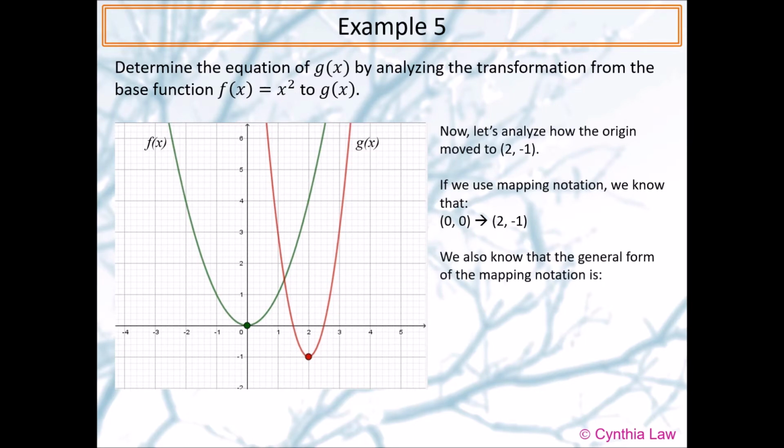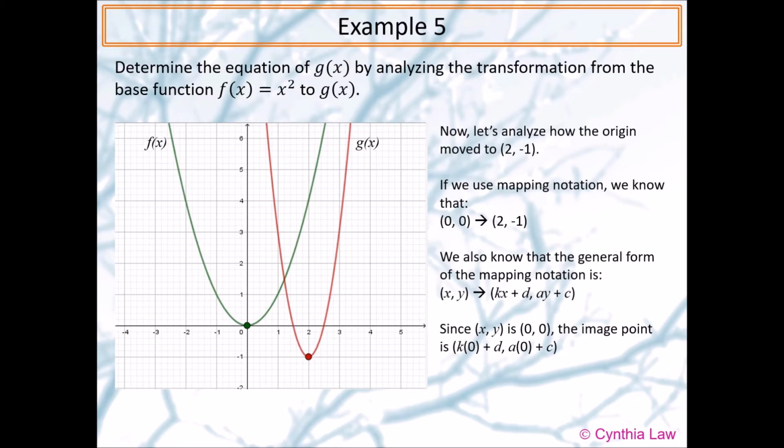We also know that if we write the mapping notation in general form, we have x, y that changes to kx plus d, ay plus c. Since the point x, y is now 0, 0, the image point is going to be k times 0 plus d, comma, a times 0 plus c.